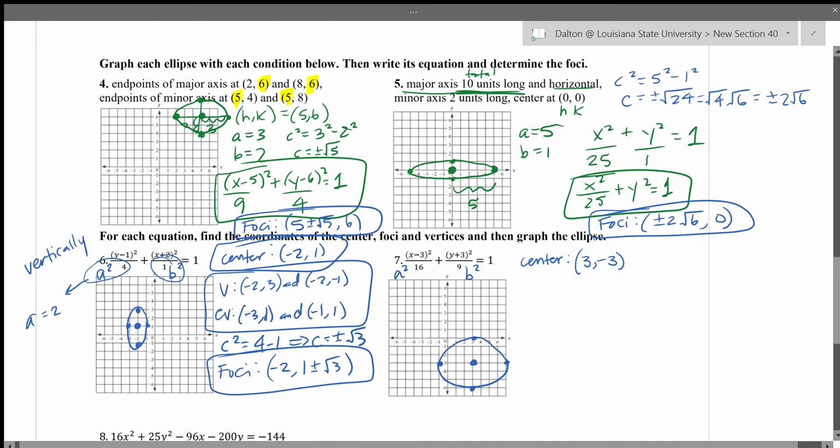And then we'll use those 4 coordinates to get our vertices, which will be, since the major axis is along the x-axis, 7, -3, and -1, -3, I think. And then the co-vertices are going to be 3, 0, and 3, -6.